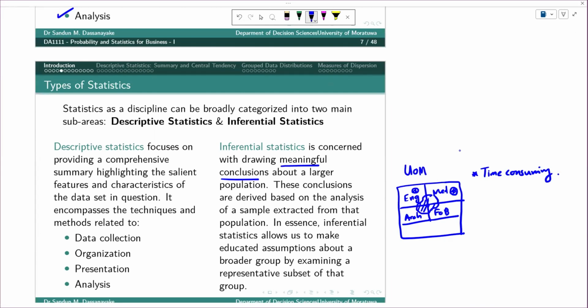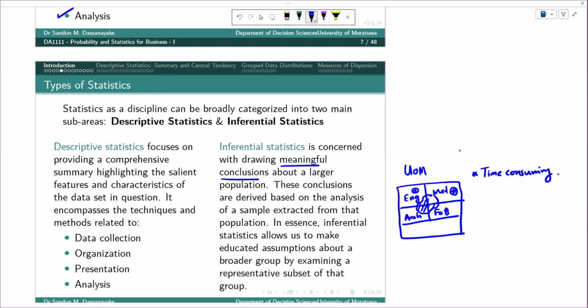So that's the reason why we learn descriptive statistics and inferential statistics, so that you take a sample, do some analysis, and infer, or in the terms used here, draw meaningful conclusions about a larger population.